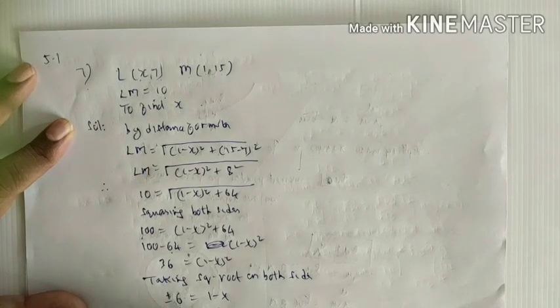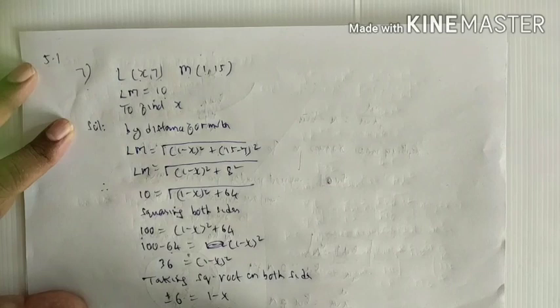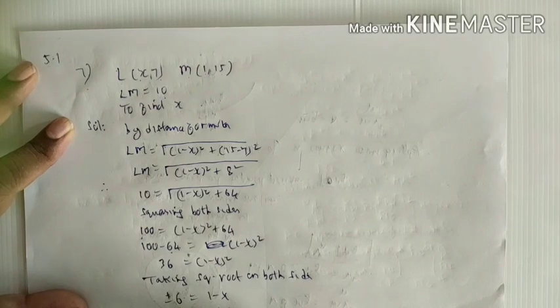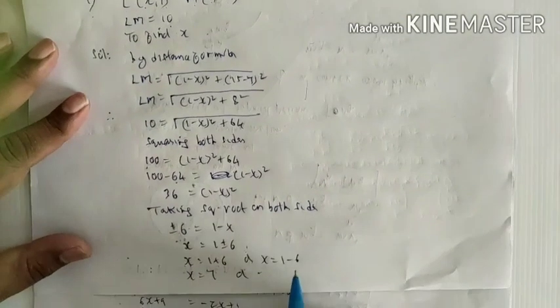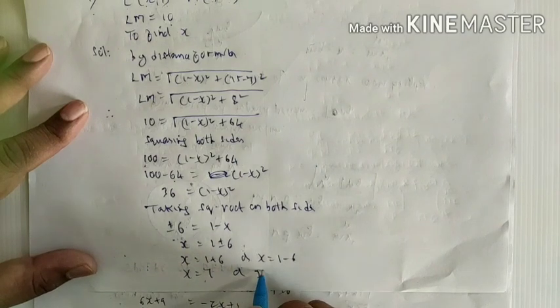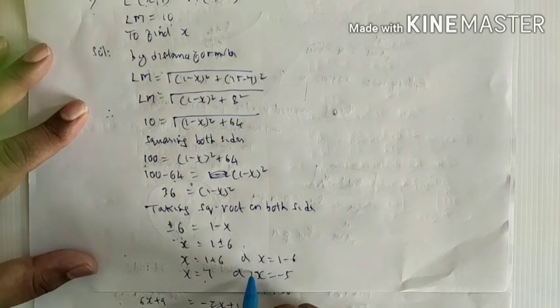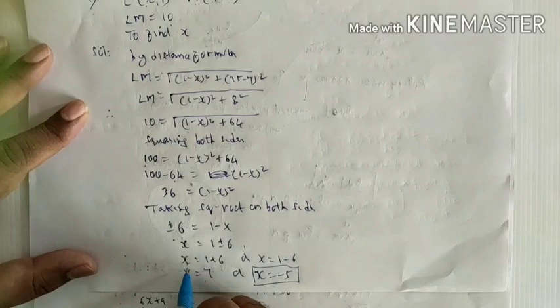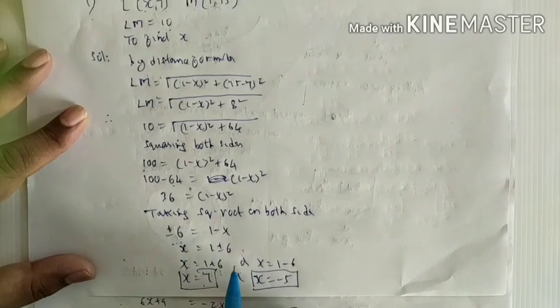So we get x is equal to 1 plus 6 or x is equal to 1 minus 6. So x is equal to 7 or x is equal to minus 5.